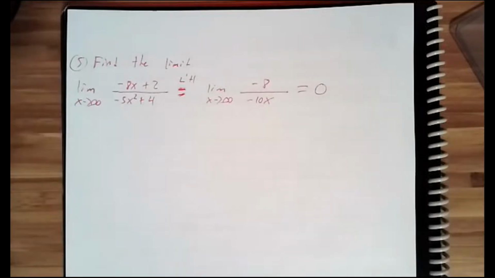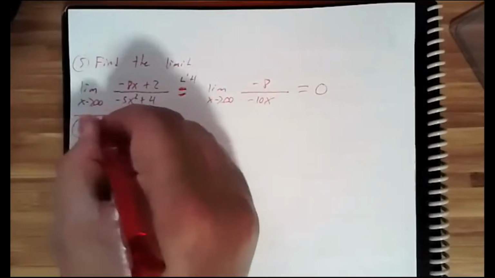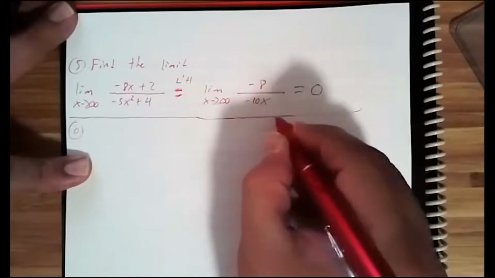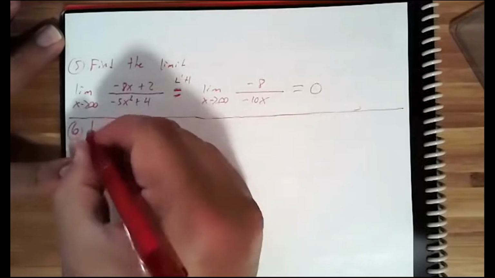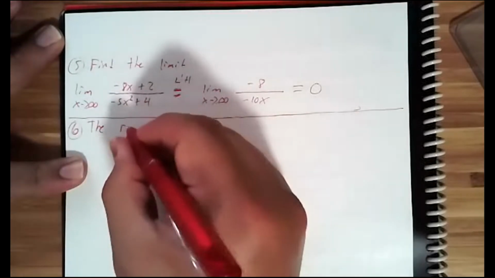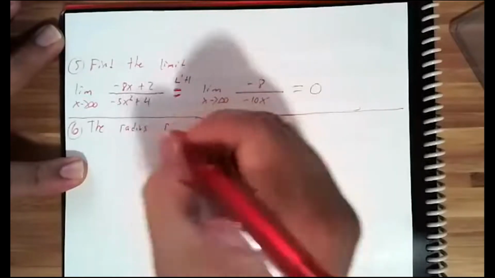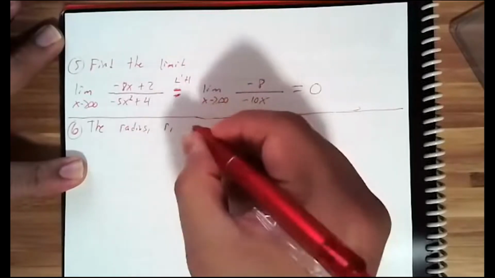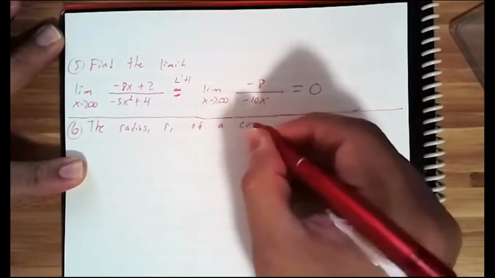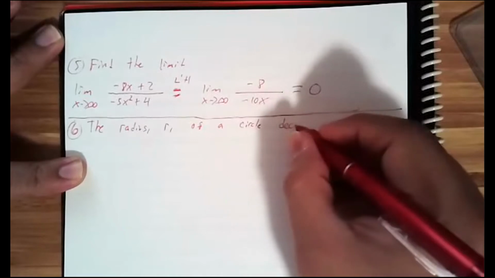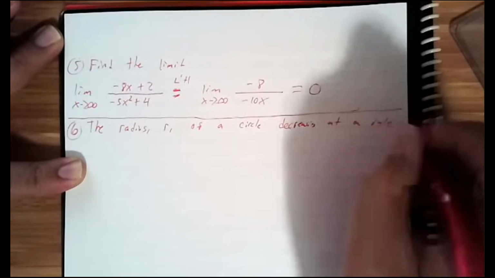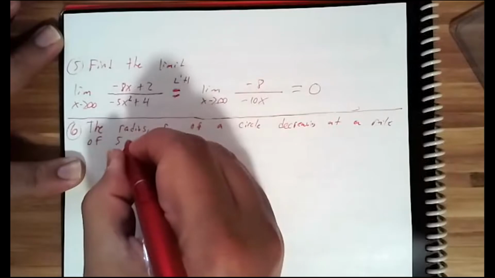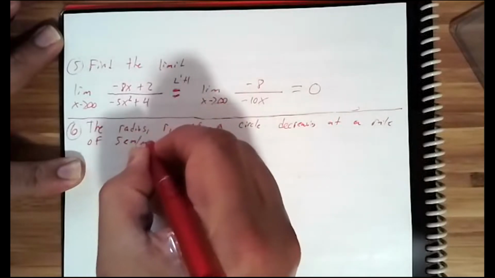Okay, number 6 is a word problem. The radius r of a circle is decreasing at a rate of 5 centimeters per minute.